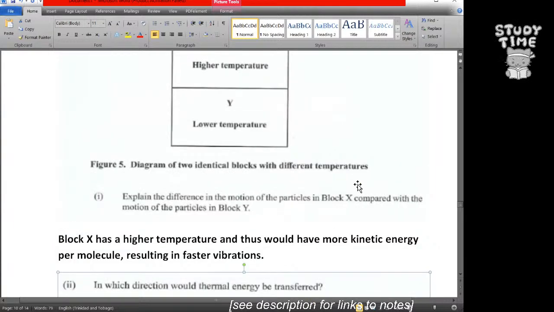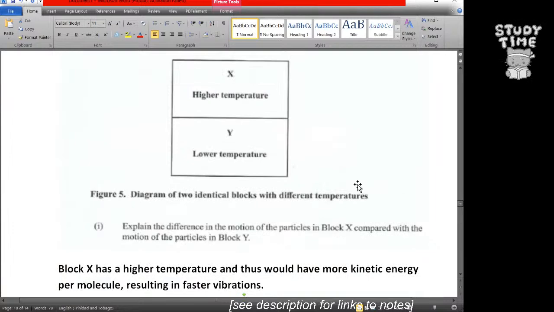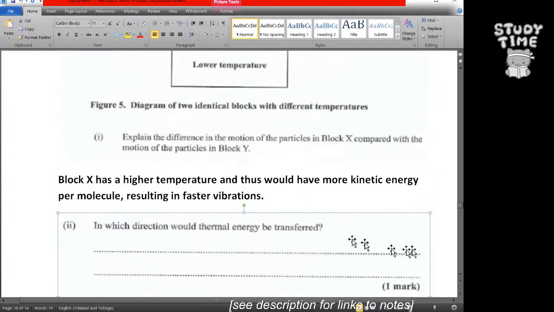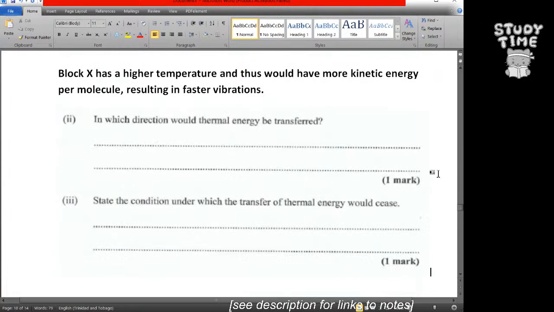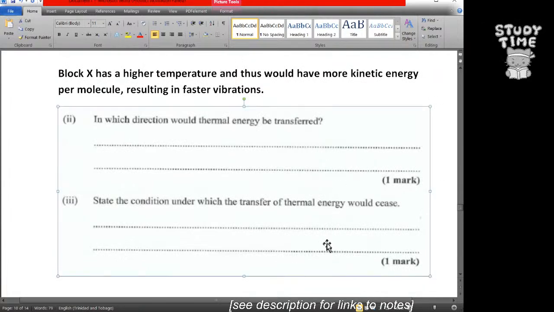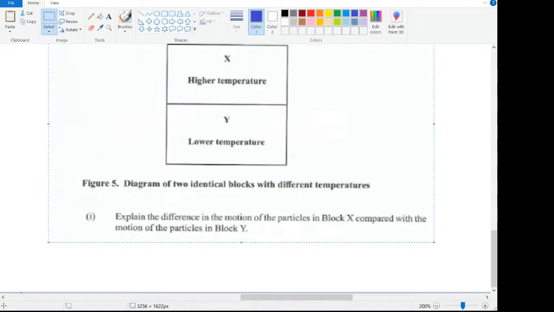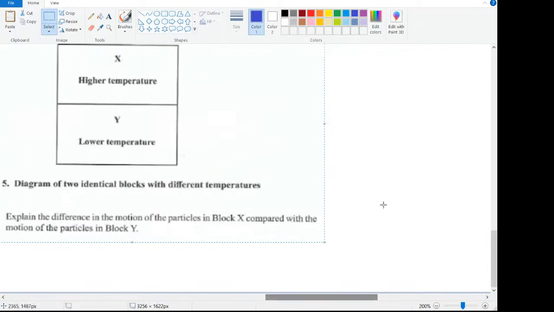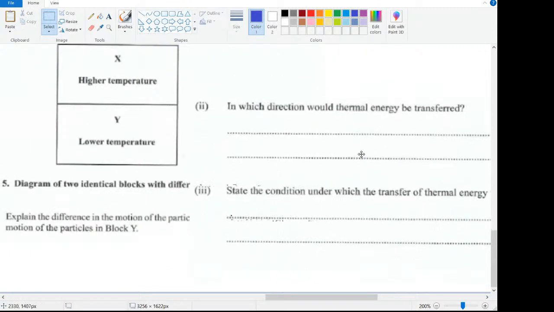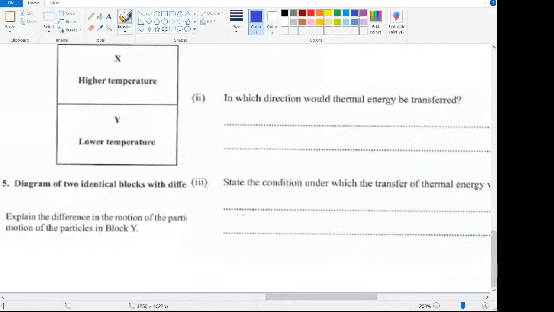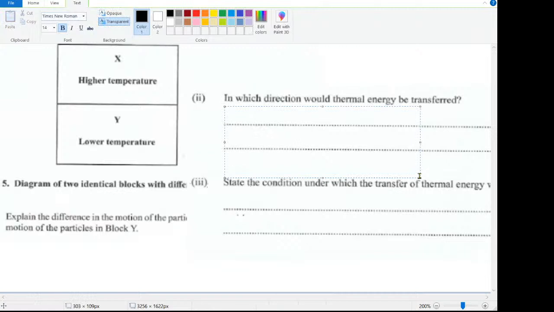Well, remember, it always goes from higher to lower temperature, so it'll go from X to Y. Right, there's X to Y. I'm going to just type it. From X to Y. Basically higher to lower temperature.